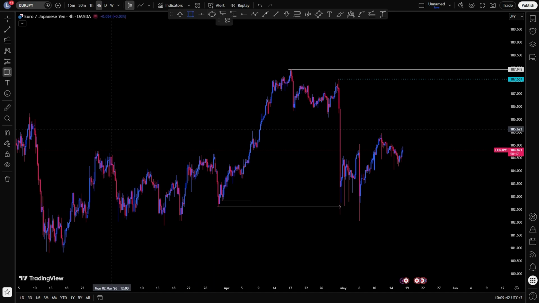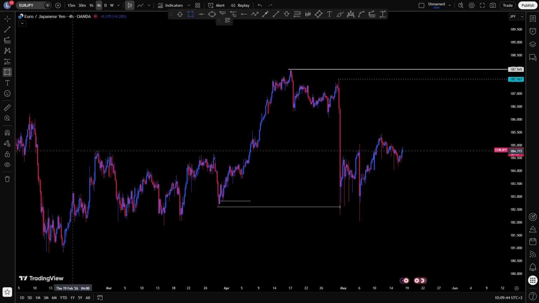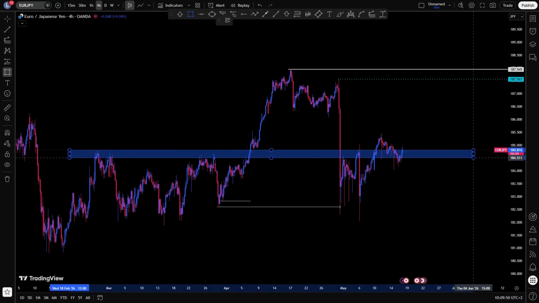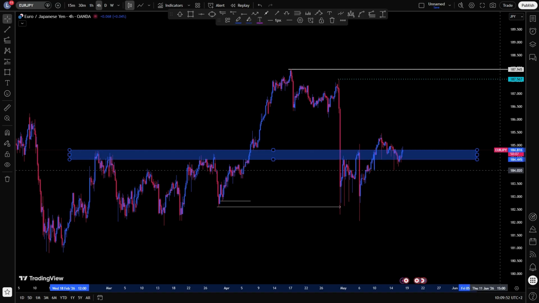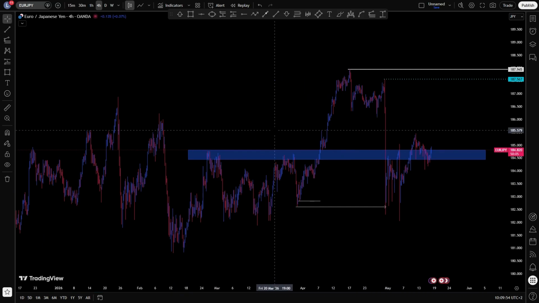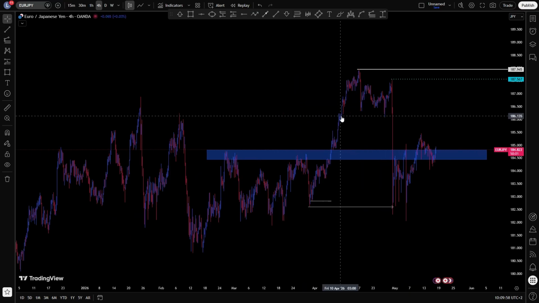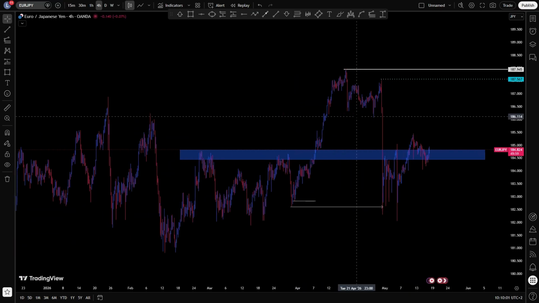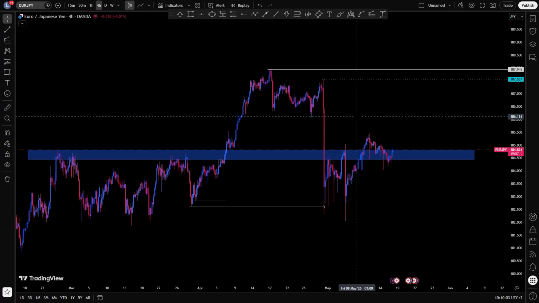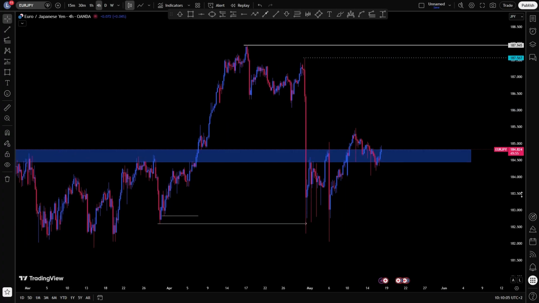If I was using support and resistance, you would see that from here, this is where our support is. The market is above a certain support level.